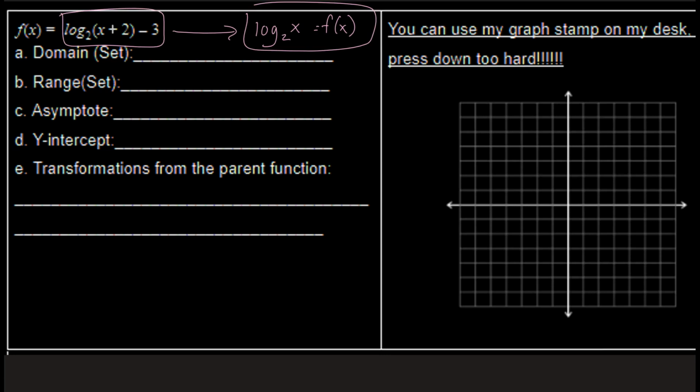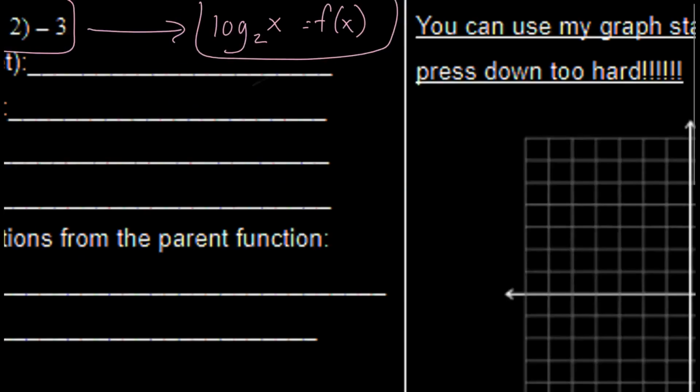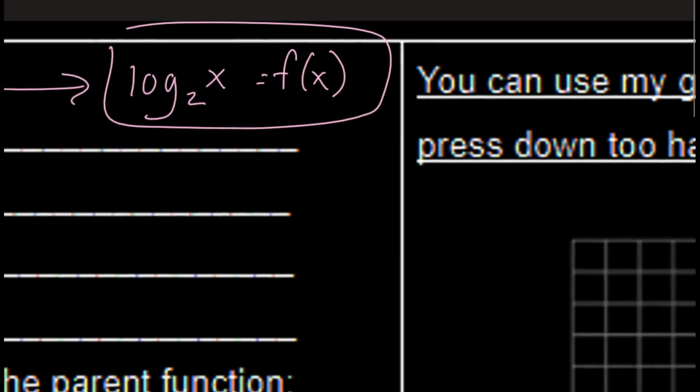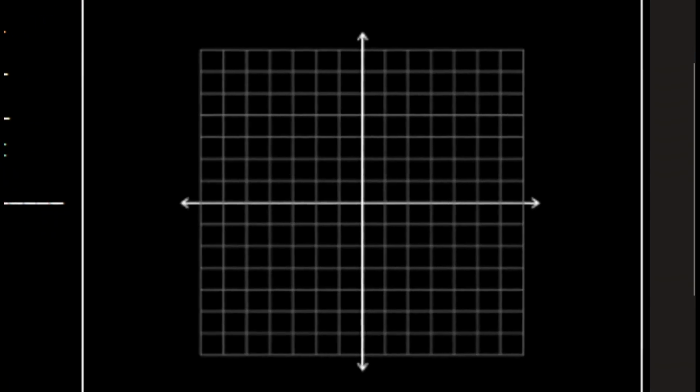Okay. So now, what is the defining characteristic of this parent function? When you think about a log and its graph, what does the graph have every time? An asymptote. Where is the asymptote here? 0.